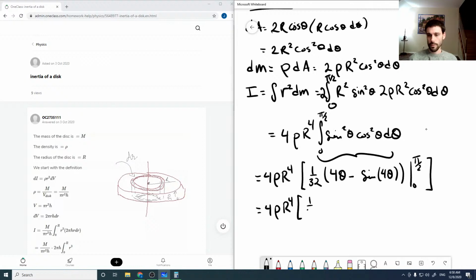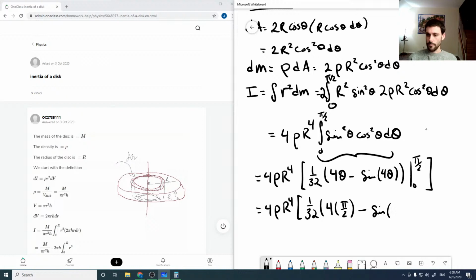So 1 over 32 times 4 times pi over 2. Now if we plug in a pi over 2 into sine of 4 theta, well, that's sine of 2 pi. Sine of 2 pi is 0, so that goes to 0. And then if we plug in a 0 into either of these values, that's 0. So this is the only term that survives.